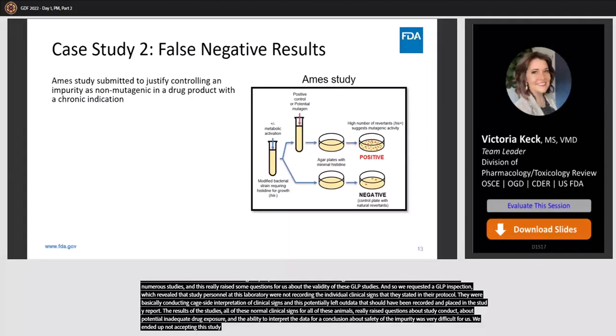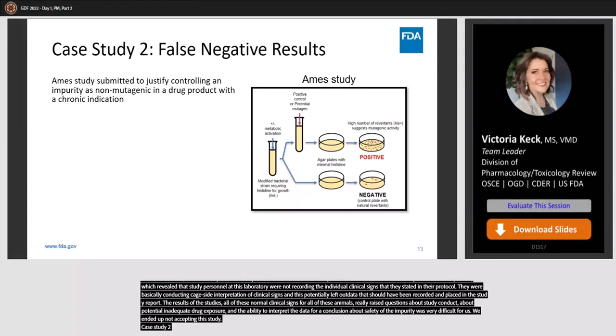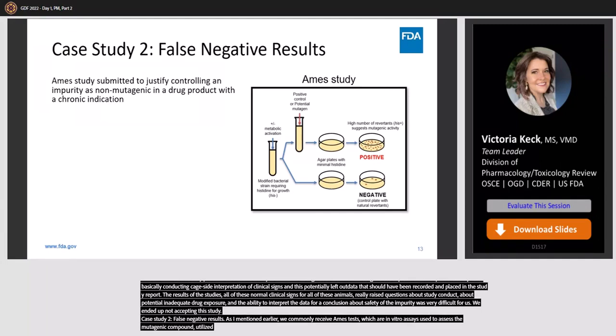Case study 2, false negative results. As I mentioned earlier, we commonly receive Ames tests, which are in vitro assays that are utilized to assess the mutagenic potential of compounds, and in our case, utilized to assess the mutagenic potential of impurities.